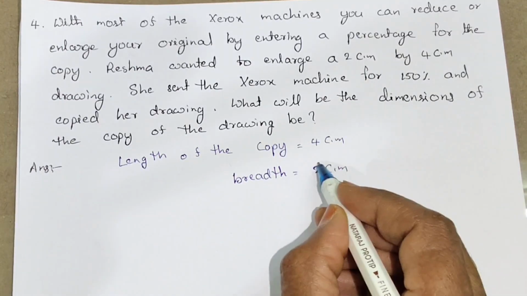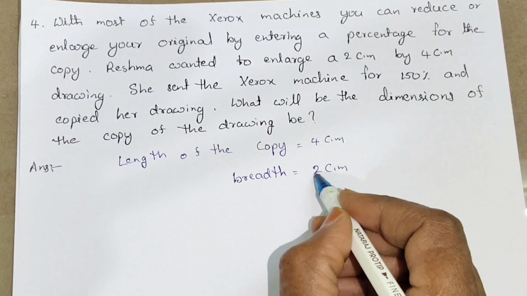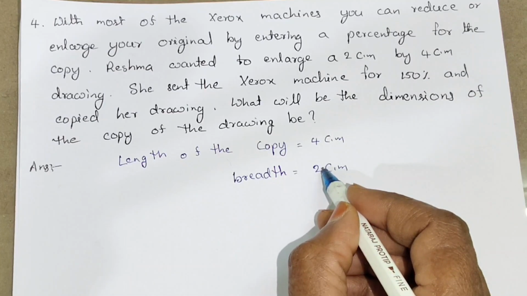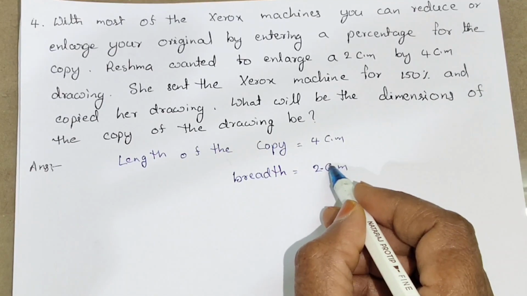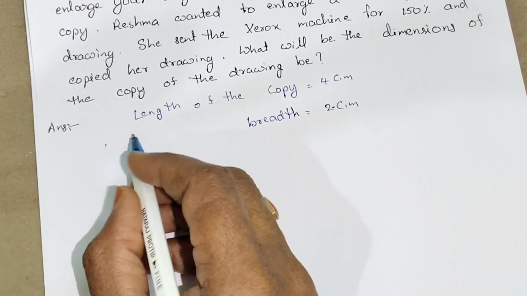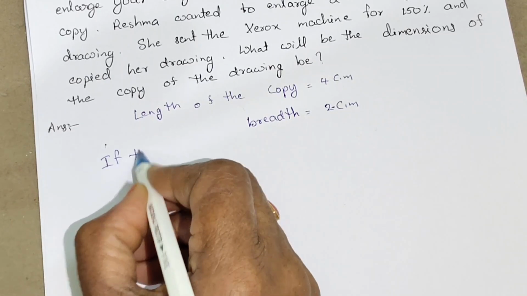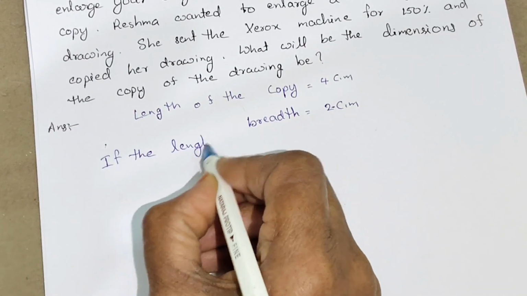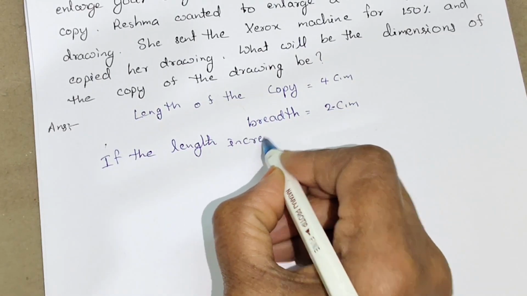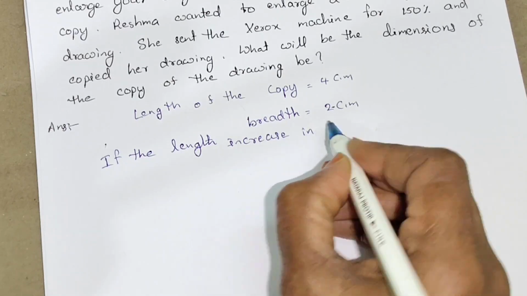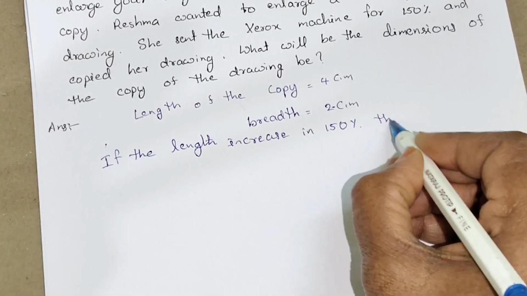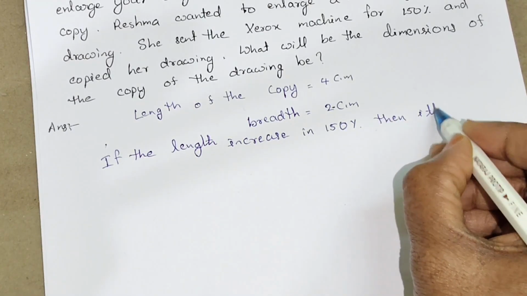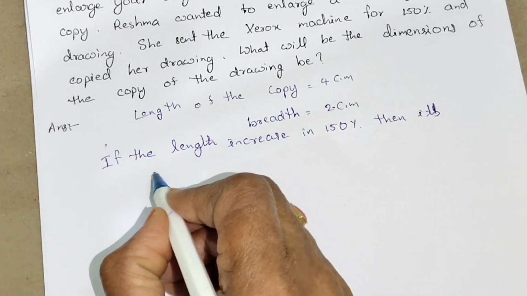This is the original diagram length and breadth. Now here increase the 150 percentage. After we find the length and breadth. If the length is increased in 150 percentage, then its measures, we find that after increasing measures.